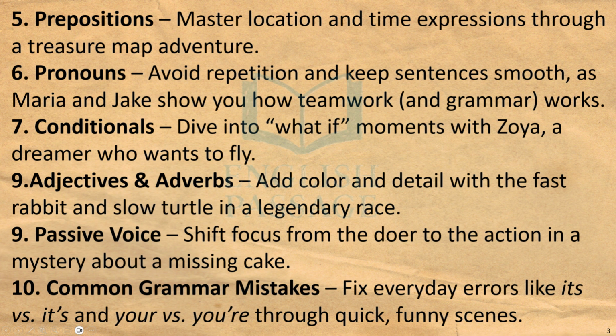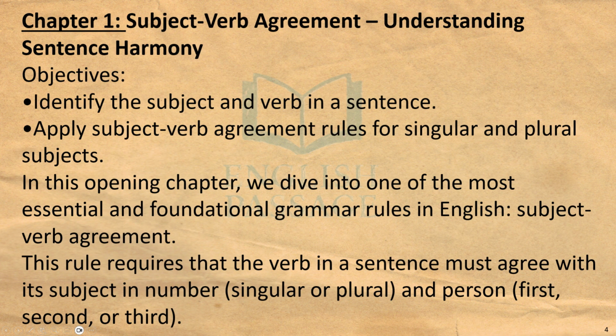Add color and detail with a fast rabbit and slow turtle in a legendary race. 9. Passive voice. Shift focus from the doer to the action in a mystery about a missing cake. 10. Common grammar mistakes. Fix everyday errors like it's versus its and your versus you're through quick, funny scenes.